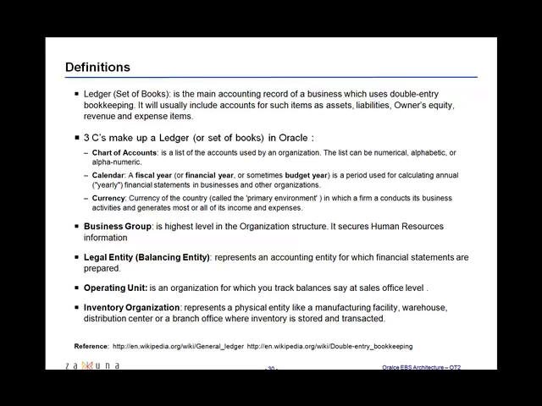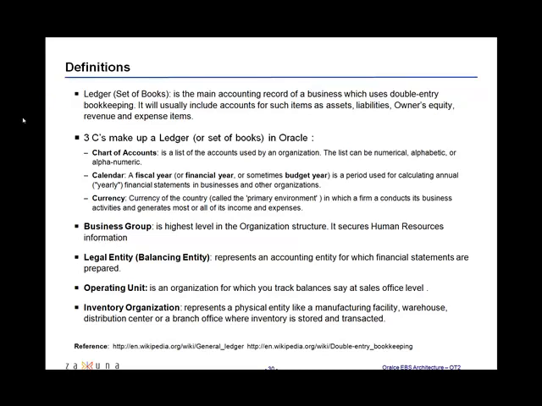They might go from October of the year to September of the next year, or from July to June of the next year. And currency is the currency in which the organization conducts its business, or primarily generates its income or incurs its expenses.